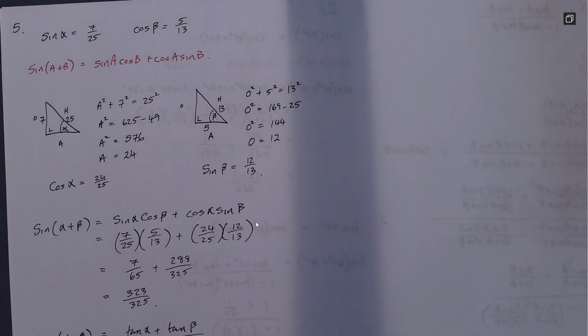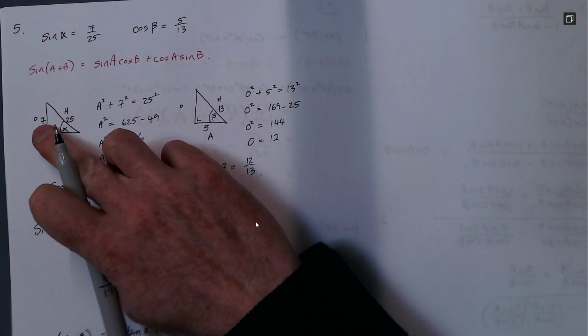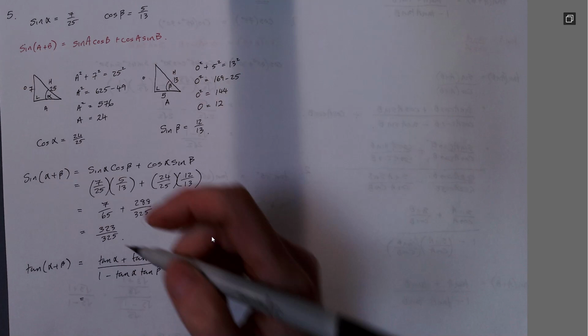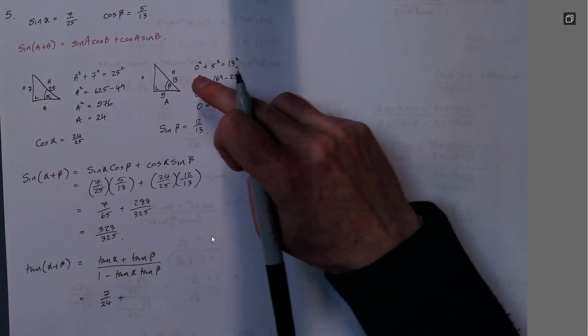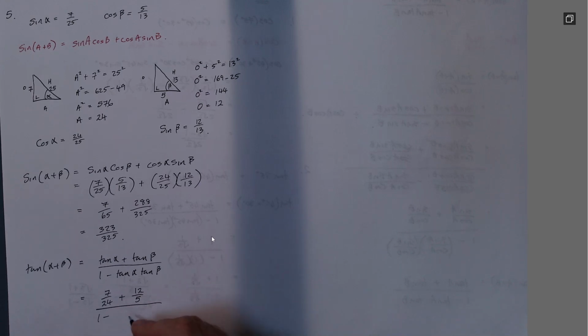Now tan alpha, we go back to the right angle triangle, where tan alpha is opposite over adjacent. So we substitute the values for tan alpha and tan beta.